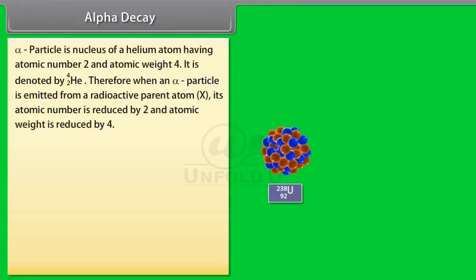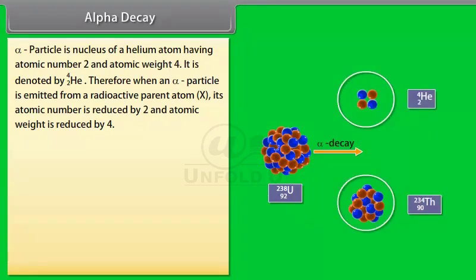Alpha decay. Alpha particle is the nucleus of a helium atom having atomic number 2 and atomic weight 4. Therefore, when an alpha particle is emitted from a radioactive parent atom X, its atomic number is reduced by 2 and atomic weight is reduced by 4. It can be demonstrated as follows.